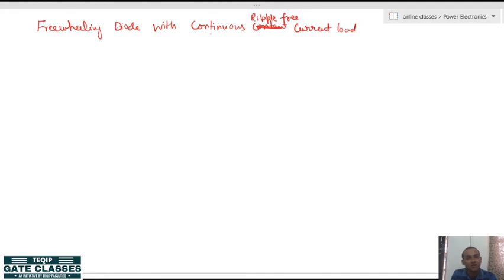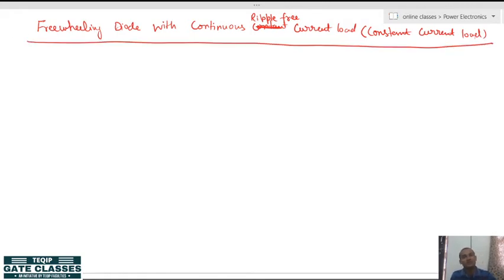This continuous ripple free current load is also known as constant current load. So, please remember both of these terms, whether you get constant current load written or continuous ripple free current load written, either of the two means the load is represented by a current source. Both terms represent this type of load.